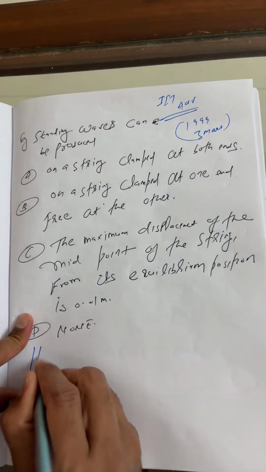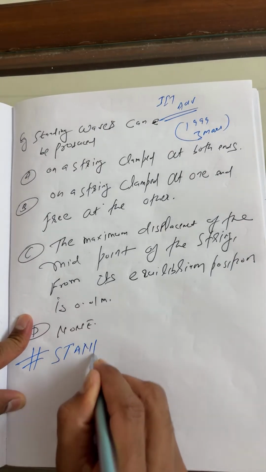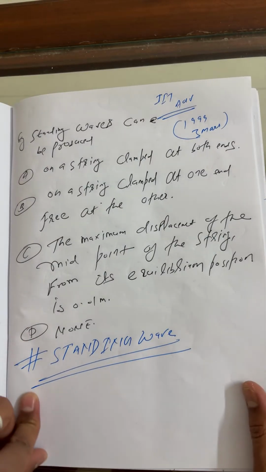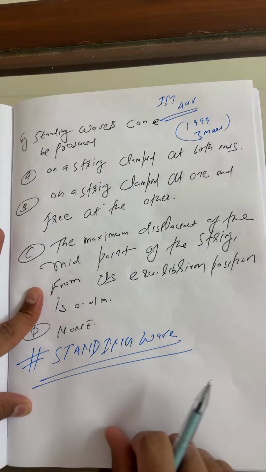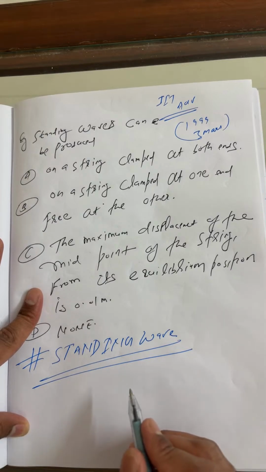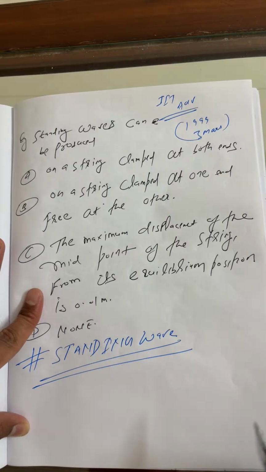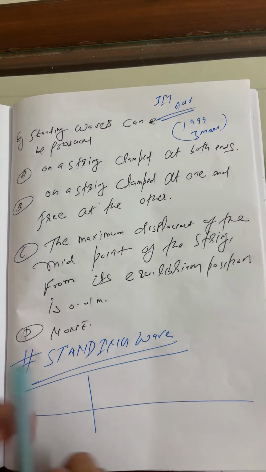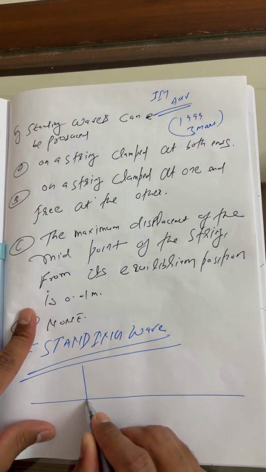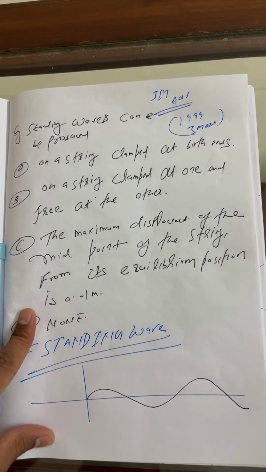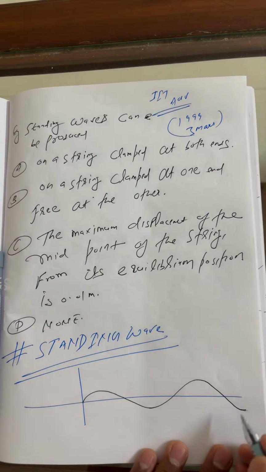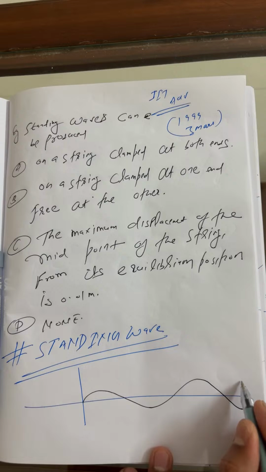You must know what a standing wave is. If we have two identical waves superimposing each other, and both are opposite to each other, you can take one wave coming from left to right, and another wave coming from this side.